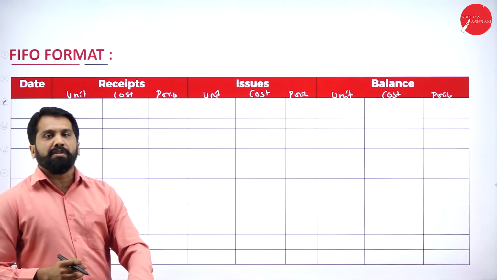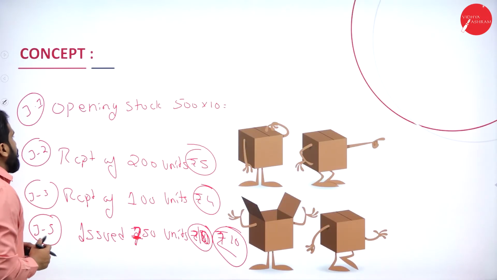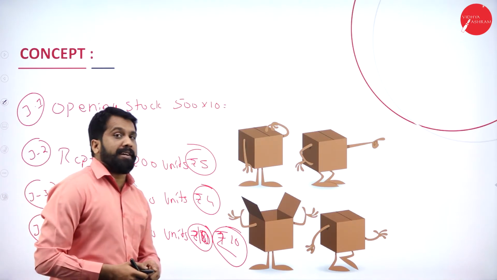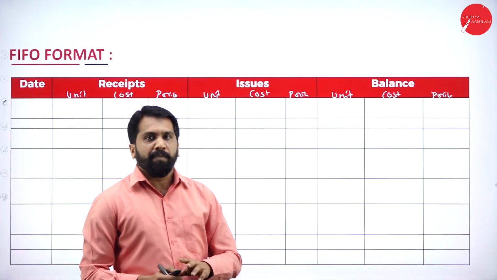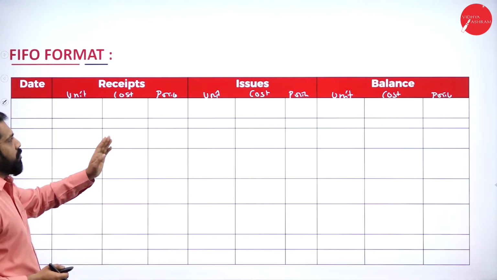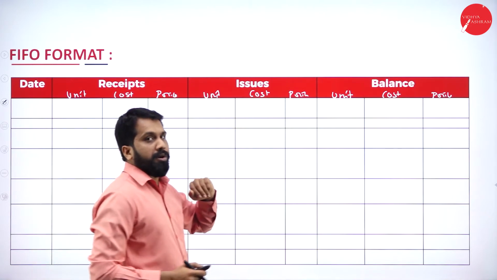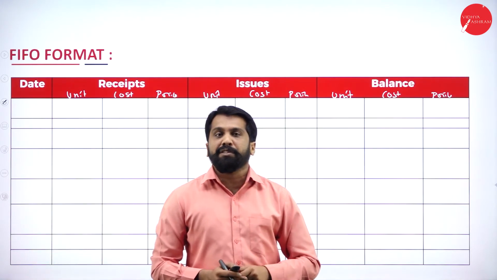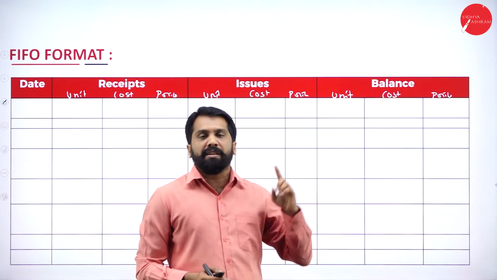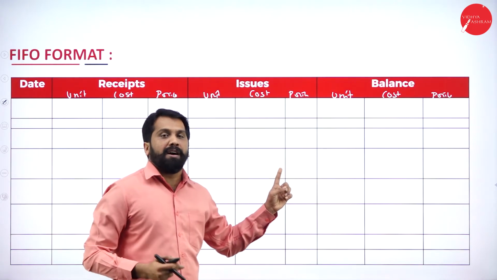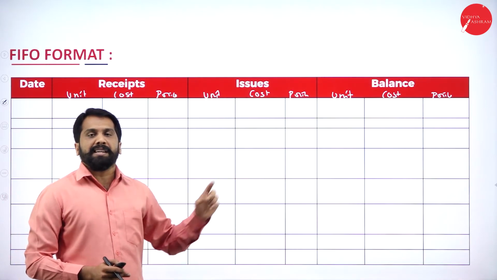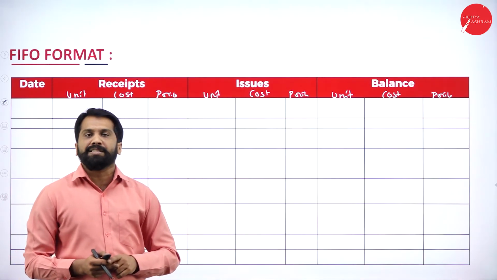Now I'll go back to your question. As per the question, what it says, opening stock 500 into 10. Now come back to your format. We have receipt, we have issue, we have balance. Do you have a stock column? No. Then we should write it in the balance column. If you received, it should be in the receipt column. If you issued, it should be in the issue column. Nothing is mentioned means directly it will go to the balance column.